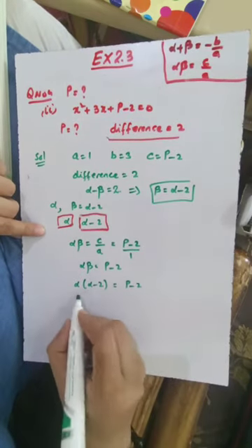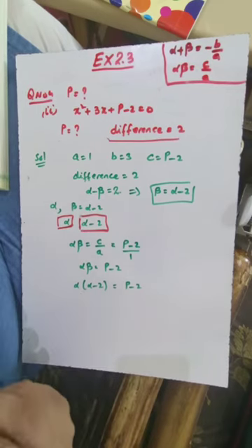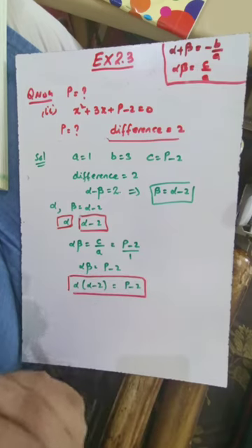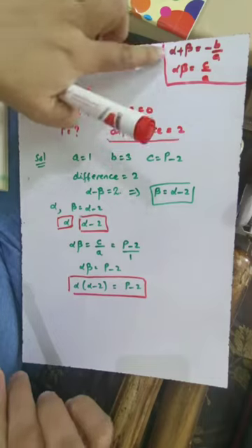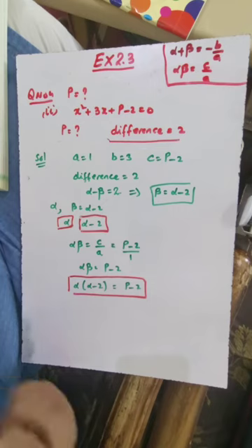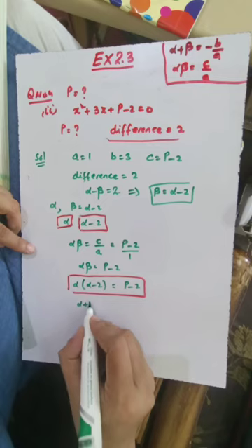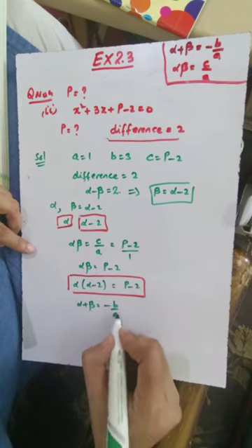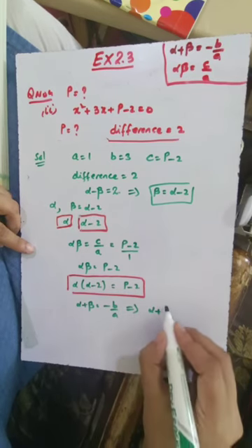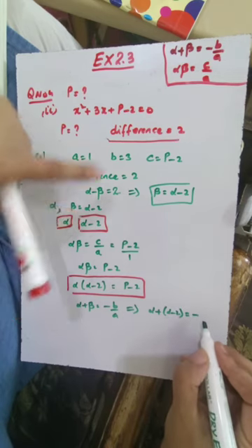Now as you may see, this equation is not enough to find the value of p. So what I am going to do is use this equation also. I will find the sum of the roots also. Now the sum of the roots is minus b over a. The roots are alpha plus the second root alpha minus 2, equal to minus b over a.